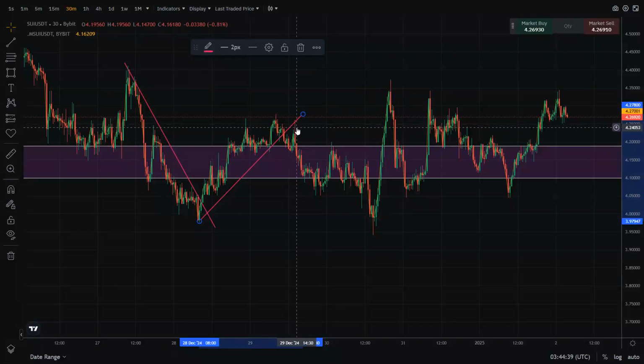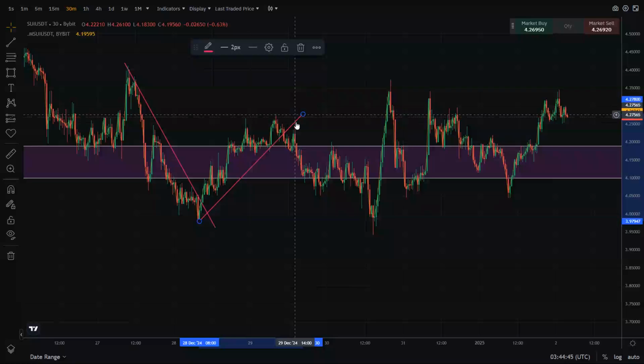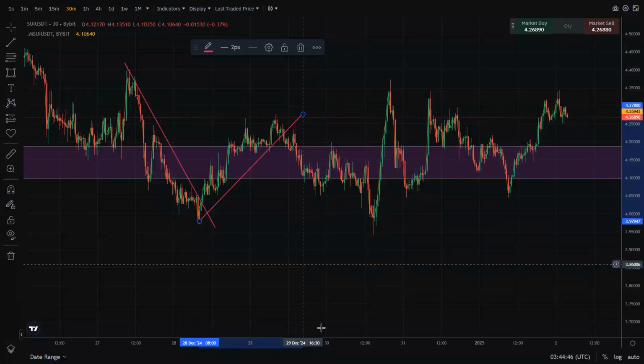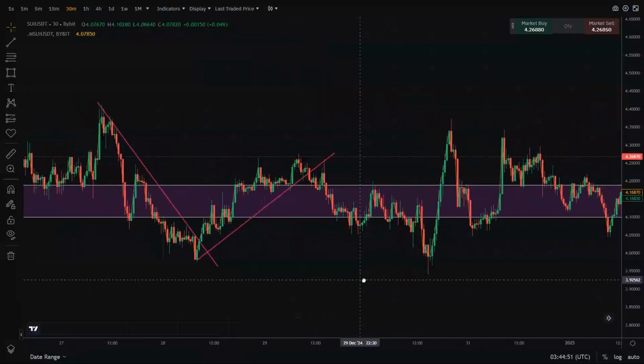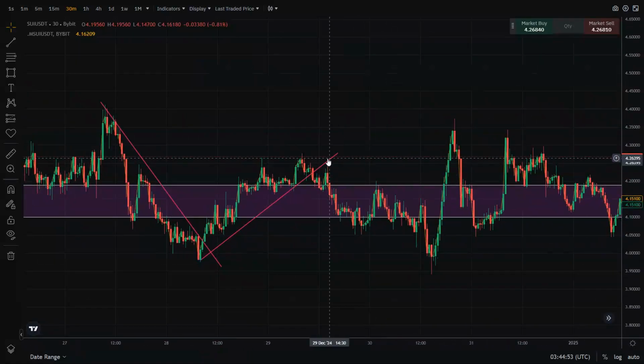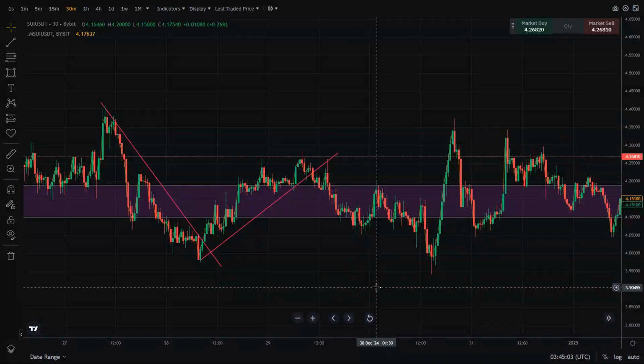Immediately you see that the price touched the trend line and could not break above it. And you see another thing. Let me expand it a little. So what do we have here? We see a momentum candle around this level. The moment you see this momentum candle, on the next one, what do you expect to do? You go for a short.